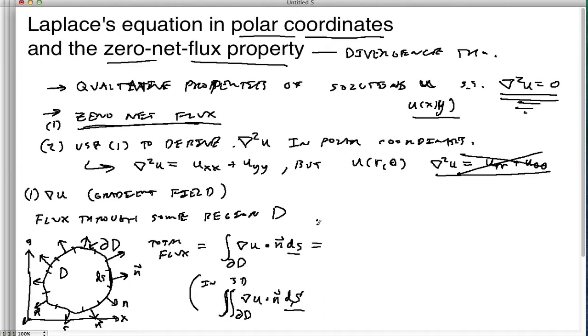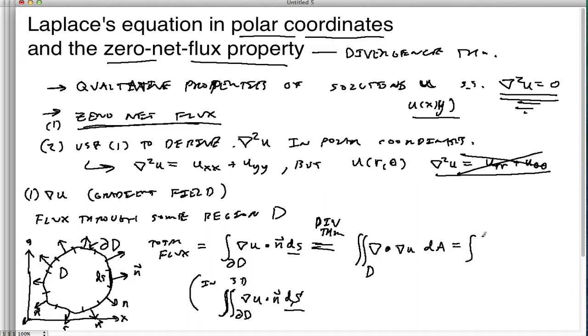And we know from the divergence theorem, we can rewrite this as the integral over the area of the divergence of the vector field.